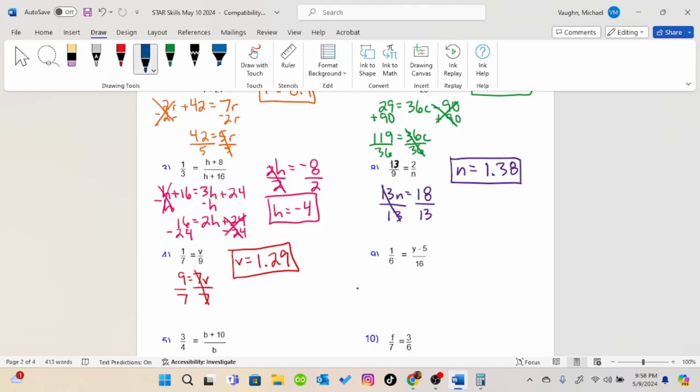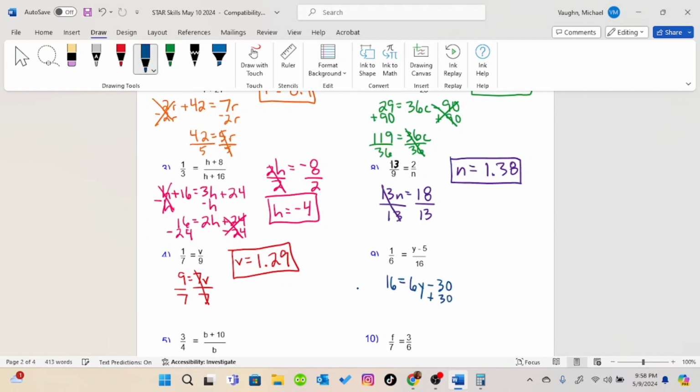Number 9. We cross multiply. 1 times 16 is 16. 6 times y is 6y, and 6 times negative 5 is negative 30.